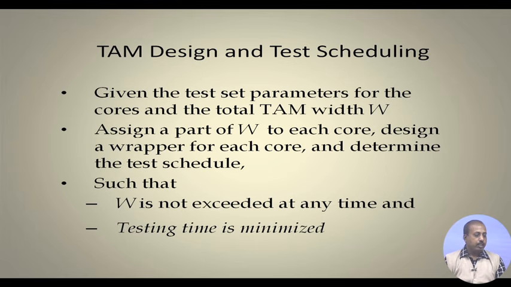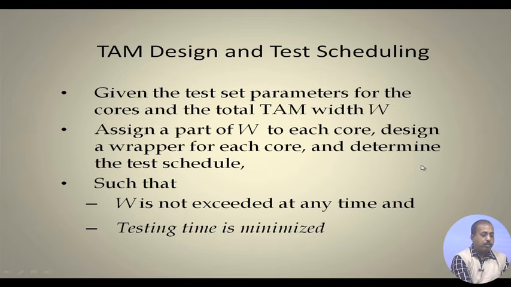So, we assign part of w to each core. That is basically designing, for every core, some term, and designing a wrapper for each core. We also have to determine the test schedule such that w is not exceeded at any time, and test time is minimized. That is the goal: the test time has to be minimized.